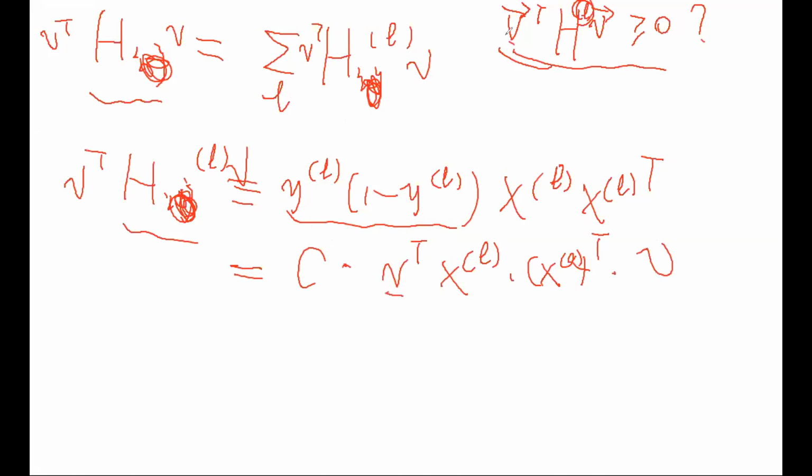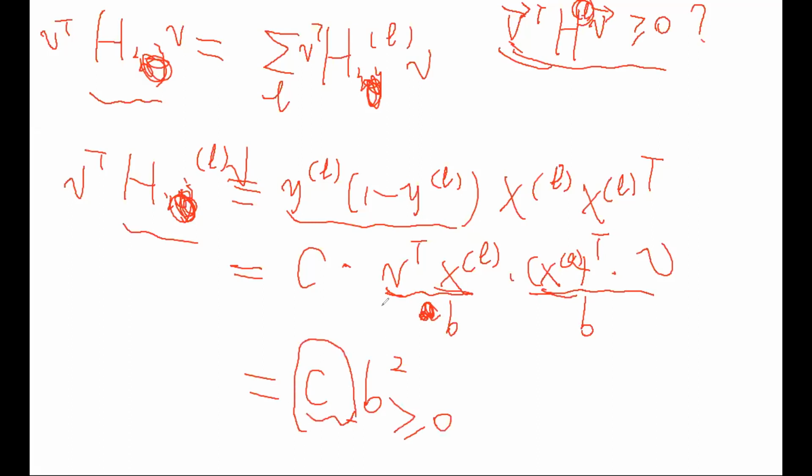This is a vector and this is also a vector, so this is an inner product. Let's assume the inner product of v and x is a, or maybe b. Then this again is x and b, so this is basically c times b squared. b squared is non-negative, so we want to show that c is non-negative.